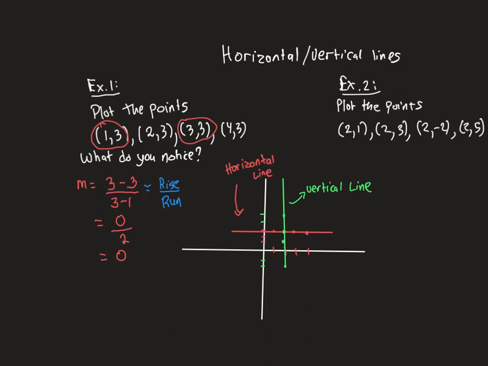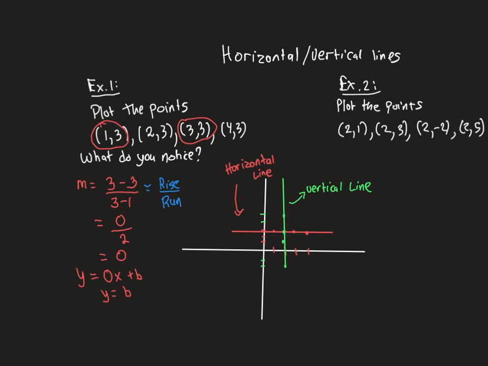This is always true. So if I'm making the equation for my line, y is equal to 0x plus b, well, that means the equation of my line is going to be y is equal to b.